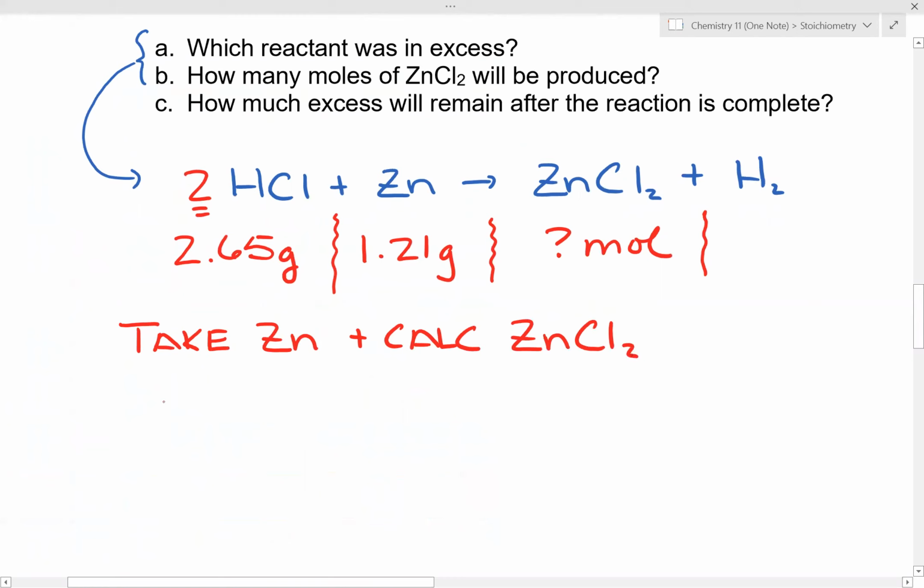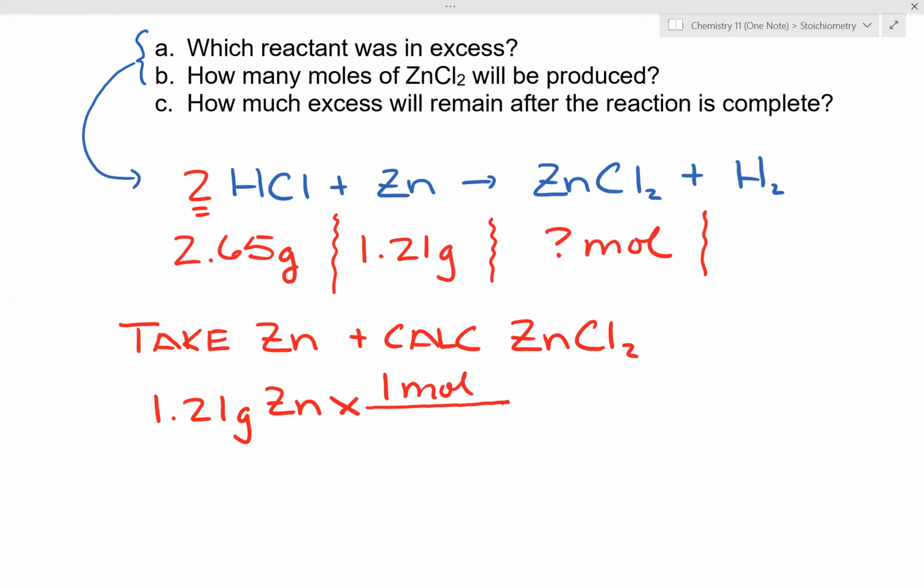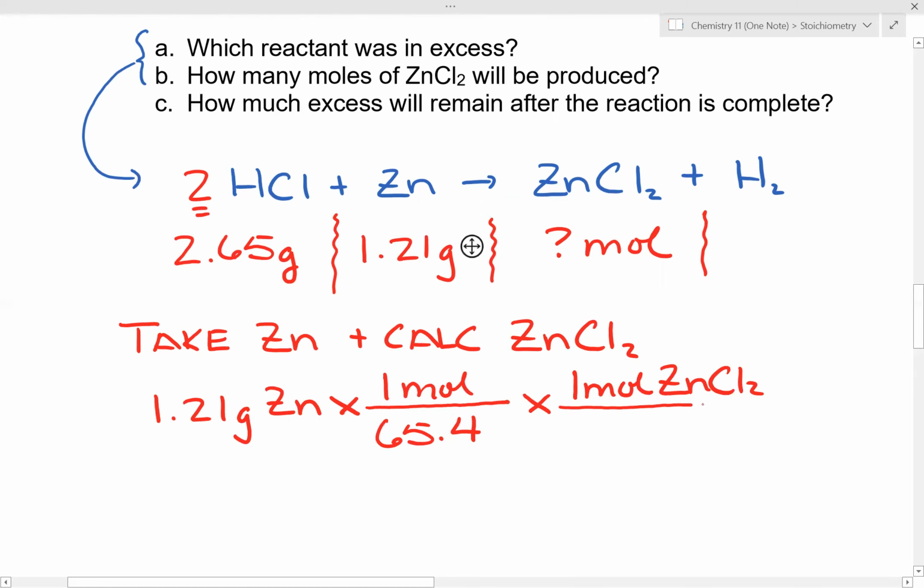We go, 1.21 grams of zinc times 1 mole of zinc over 65.4 grams, and then multiply it by 1 mole of zinc chloride over 1 mole of zinc.